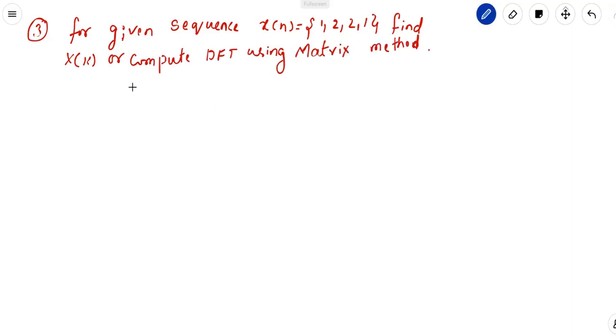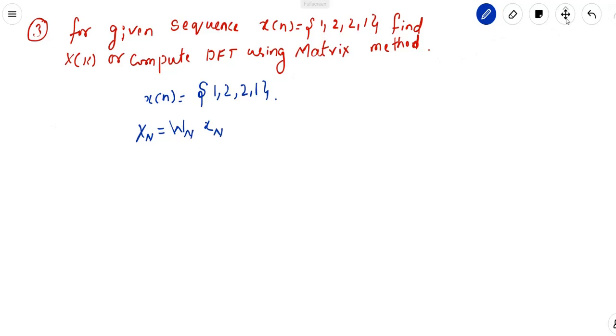The given values here are x of n is equal to 1, 2, 2, 1. Okay, so we'll write the formula for this. It is x of k is equal to omega n x of n.